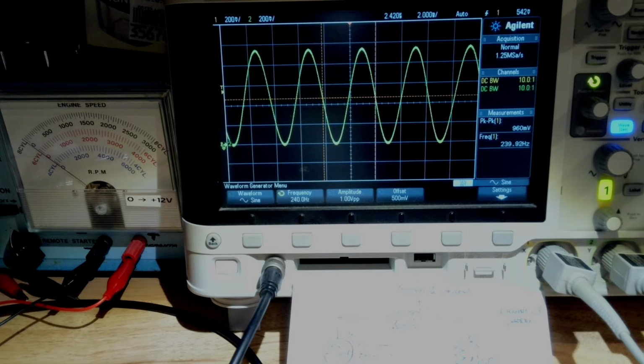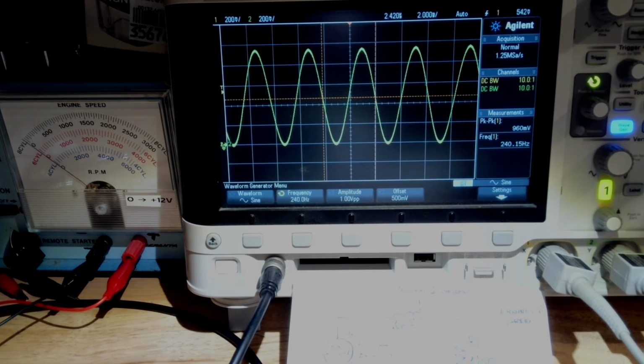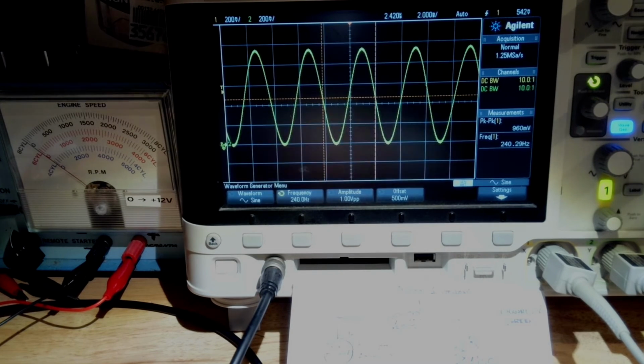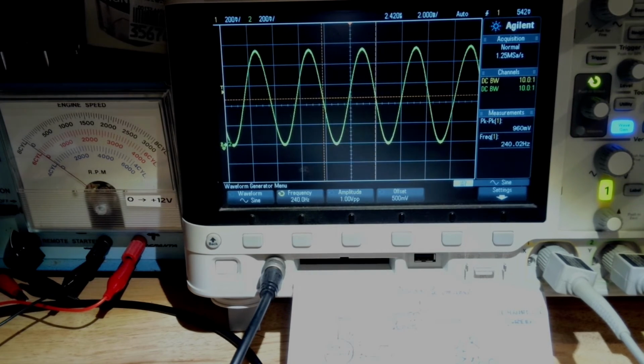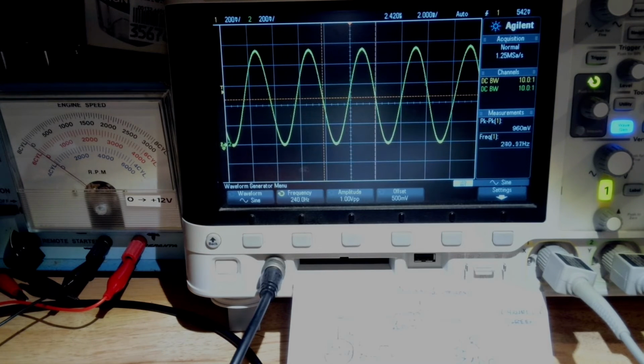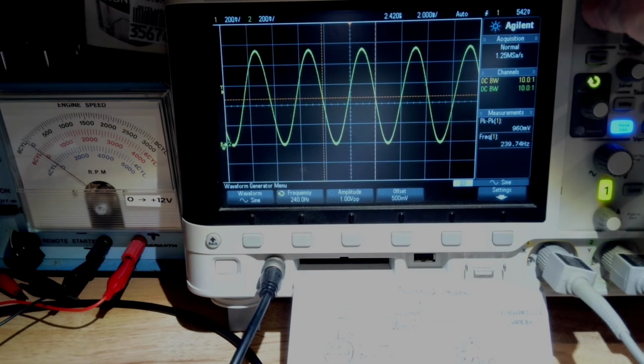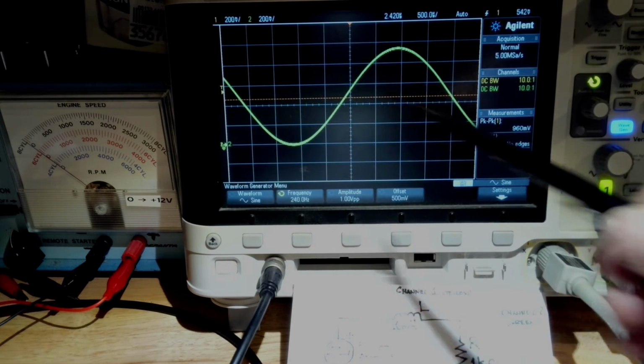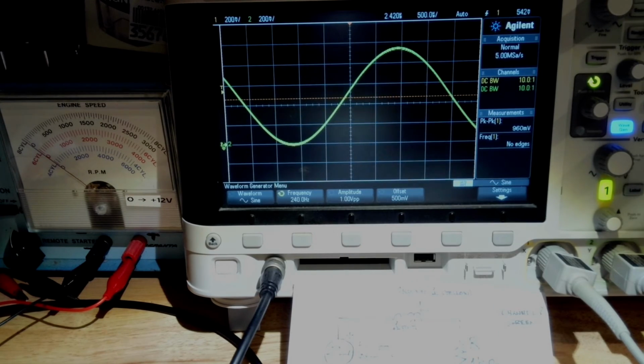What that tells me about this circuit is that it's happy letting through low frequency waveforms. In other words, I don't have any sharp changes like a square wave here. I've got a nice, slowly, smoothly changing waveform. And as long as it's slow enough, the output here follows the input nicely, okay? And I don't seem to be losing anything.